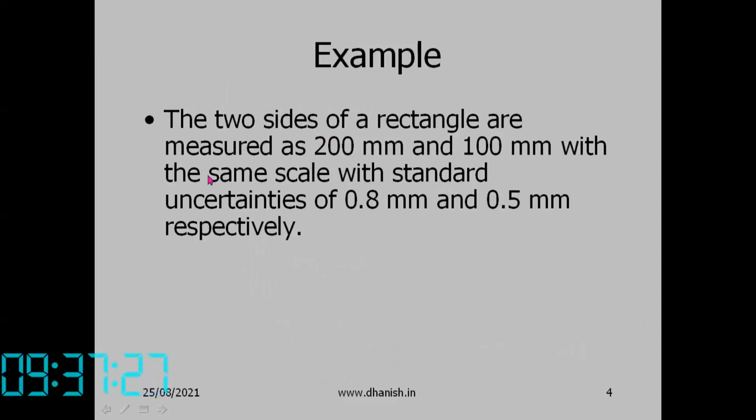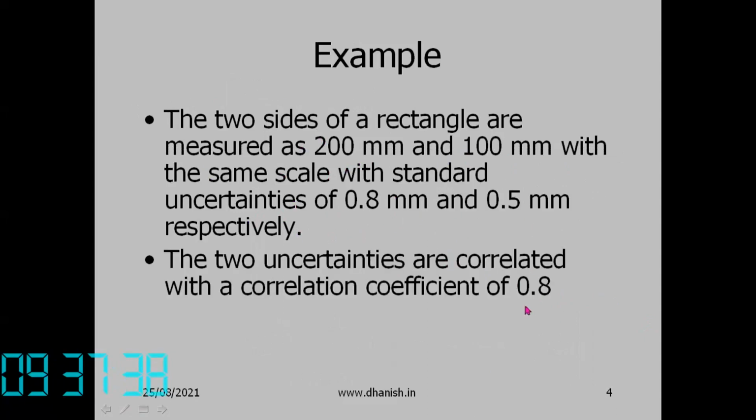The two sides of a rectangle are measured as 200 mm and 100 mm with the same scale, with standard uncertainties of 0.8 mm and 0.5 mm respectively. So we are using the same scale. What is the issue there? Suppose there is a zero error in the scale.